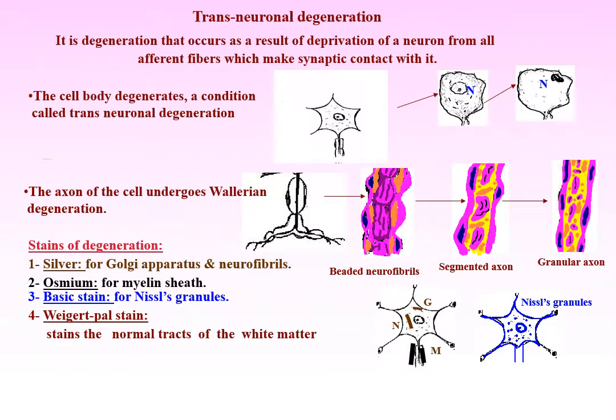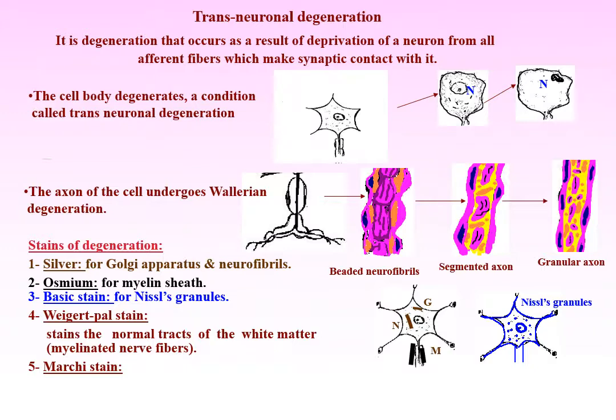It stains the normal tracts of the white matter, myelinated nerve fibers. The sites of completely degenerated nerve fibers appear unstained due to complete disappearance of the myelin sheath.